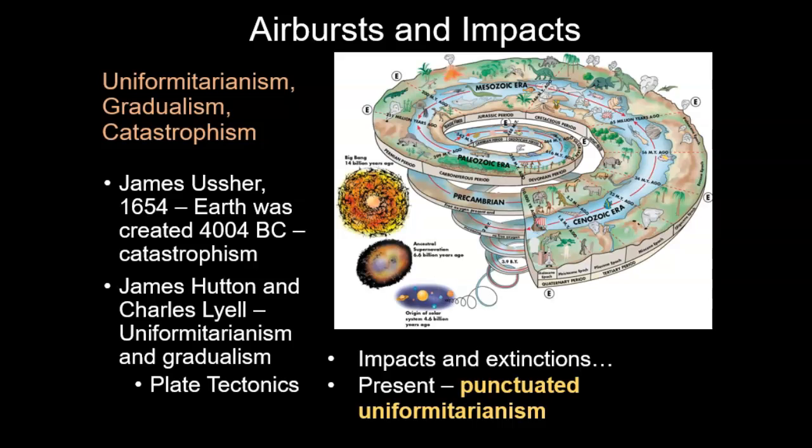So, Usher proposed that Earth's features and processes were actually made by catastrophic events, so that most features happened to be catastrophic in nature. So that brought along the idea of catastrophism, okay?